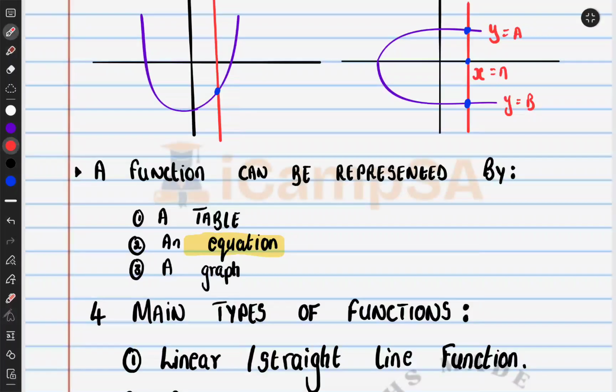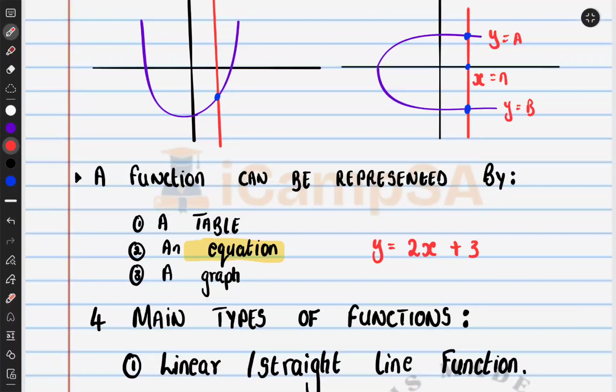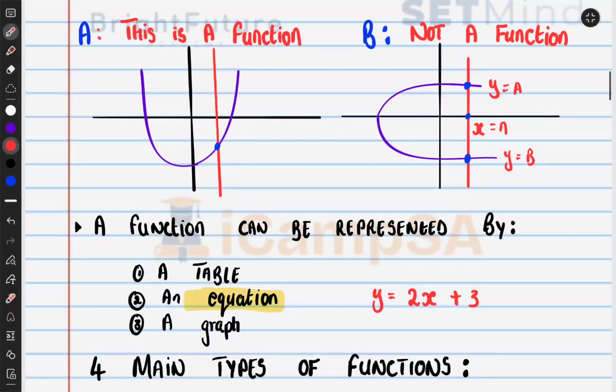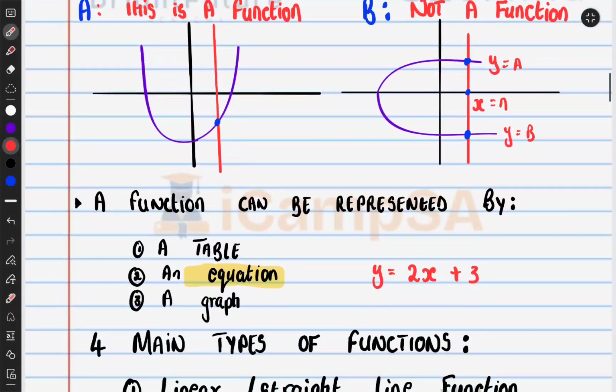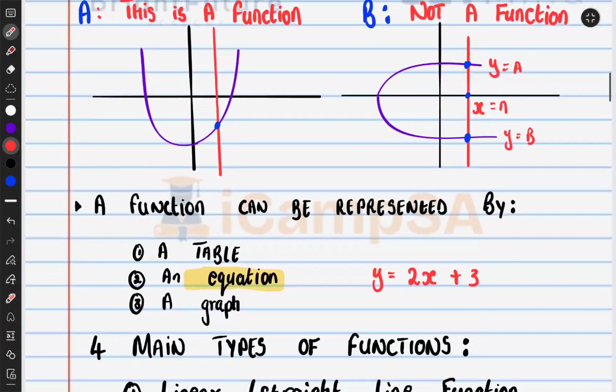To quickly remind ourselves, an equation could be y is equal to 2x plus 3. That is a function represented in equation form. And then we have a graphical representation of a function, which we have briefly touched on with those two sketches and the vertical line test.